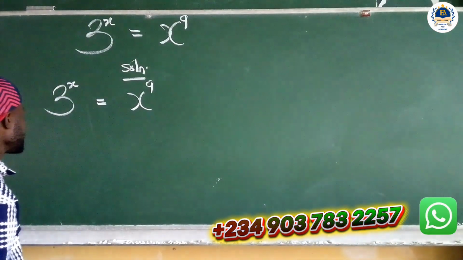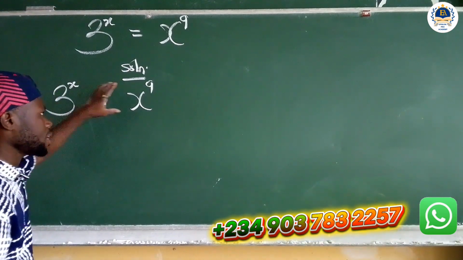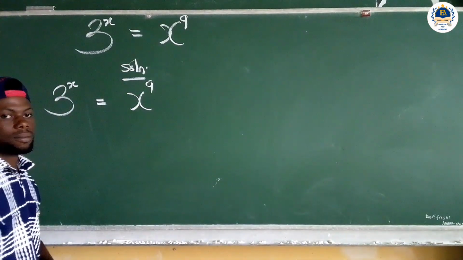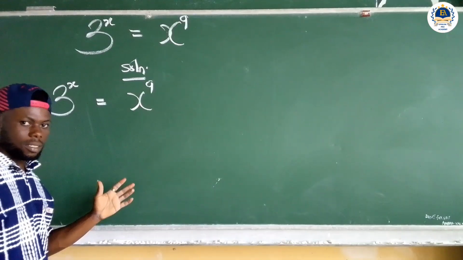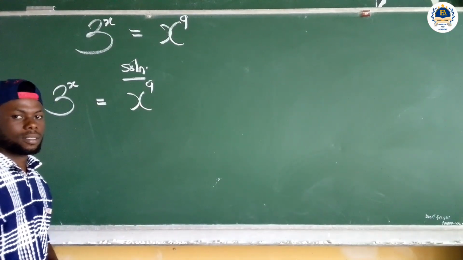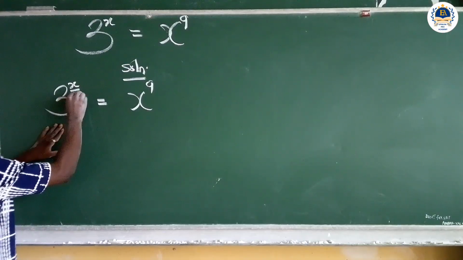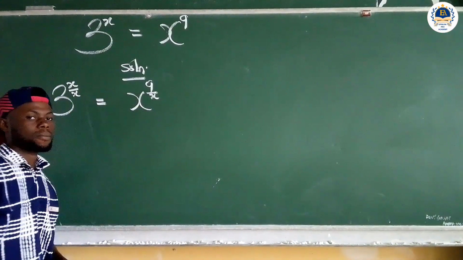So to achieve that, I'm going to divide both the left and the right hand side by x. Whatever you do to the left hand side, do the same thing to the right hand side. So that becomes x divided by x and 9 divided by x.